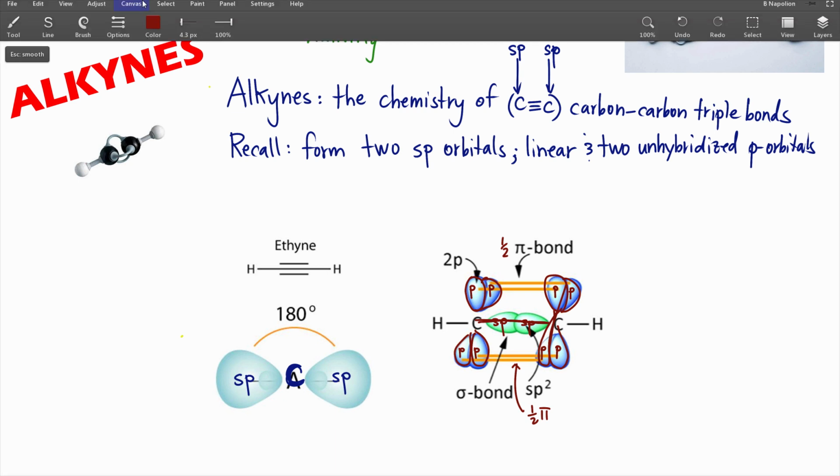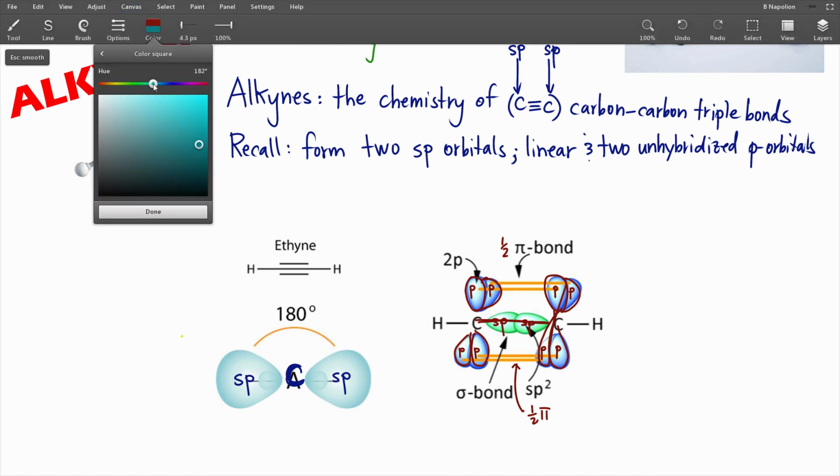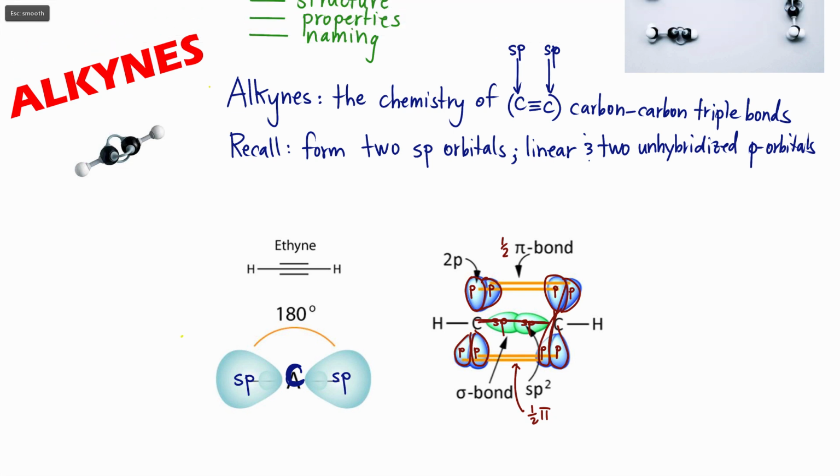So all together, this would be one bond, and that would be one bond. So this is a pi bond, this is a pi bond, this is a sigma bond. And you know that this other lobe here is sp, and it overlaps with the 1s to form that sigma bond.